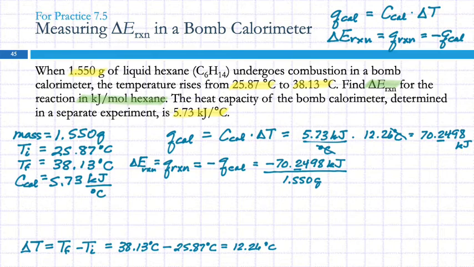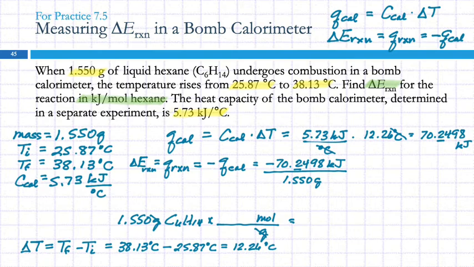Well, it wants moles. Can we convert grams to moles? Sure we can. 1.550 grams of hexane, C6H14, converting to moles, we're multiplying by moles, dividing by grams. And then we need the molar mass.